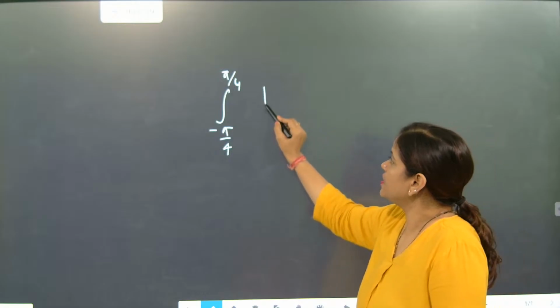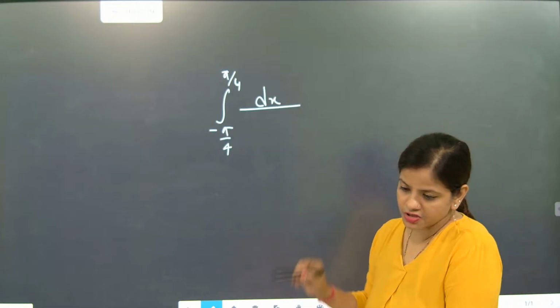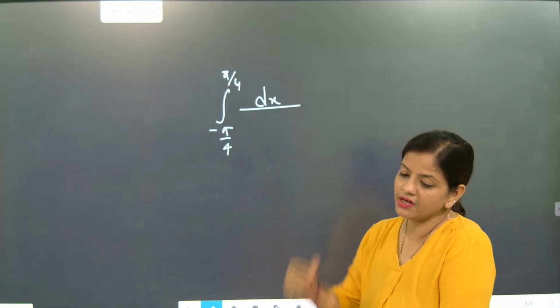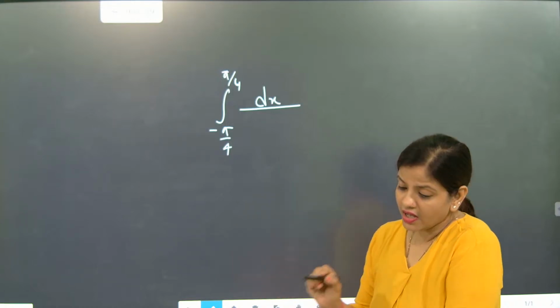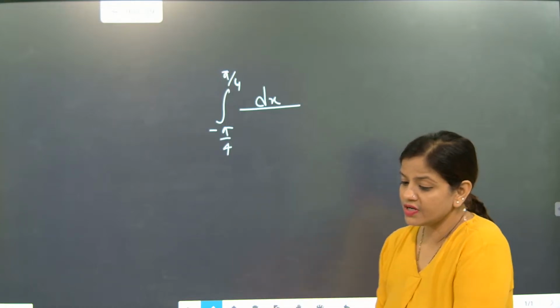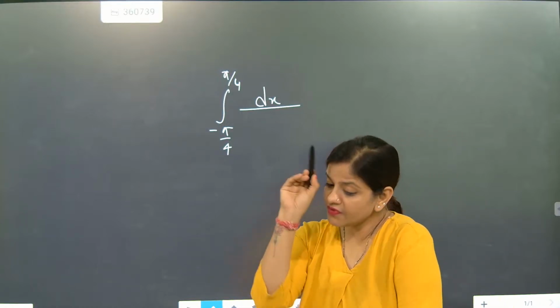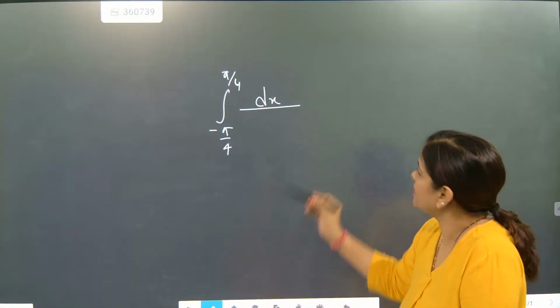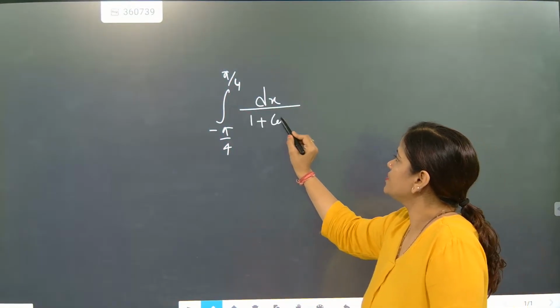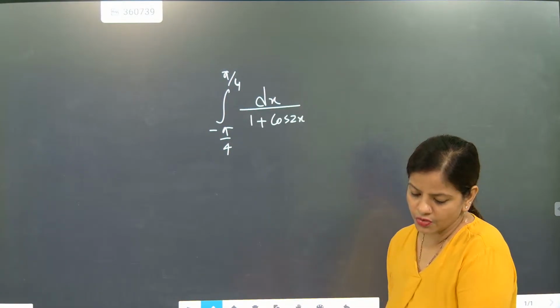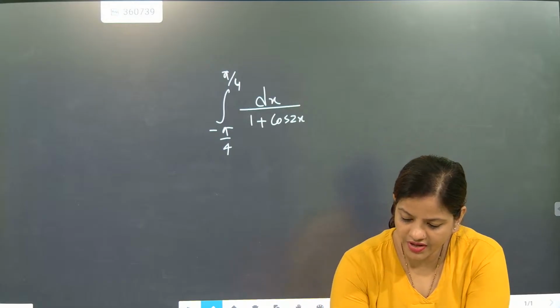So you need to be very careful when attempting this question, specifically when the lower and upper limit values are the same. Today we have done 7 questions and all 7 have different formats. Did you notice that? And here it is coming as 1 plus cos 2x. Do it. Try this question now.